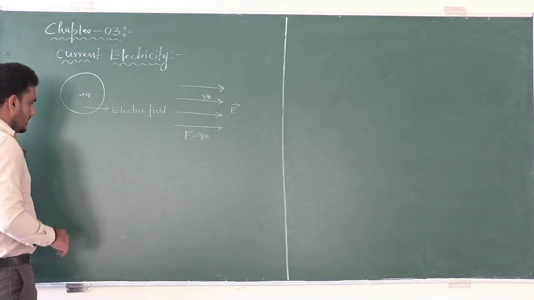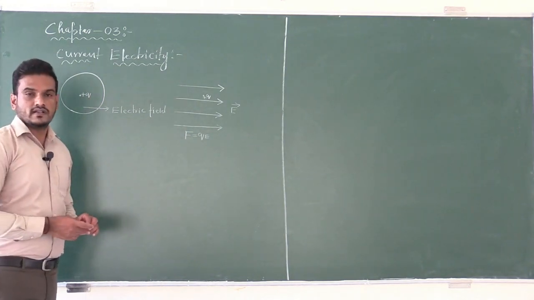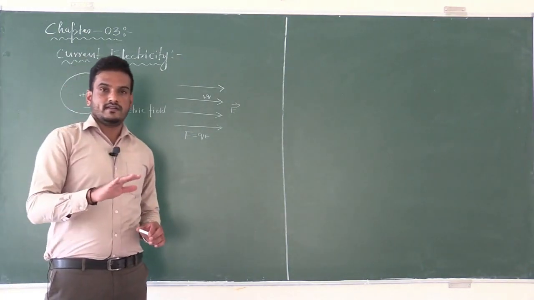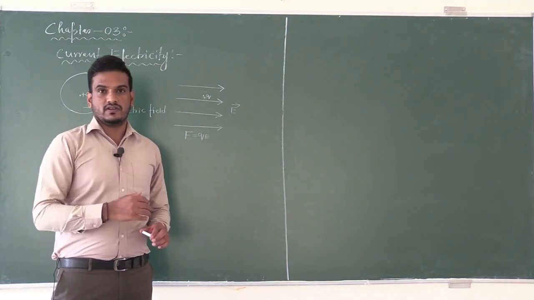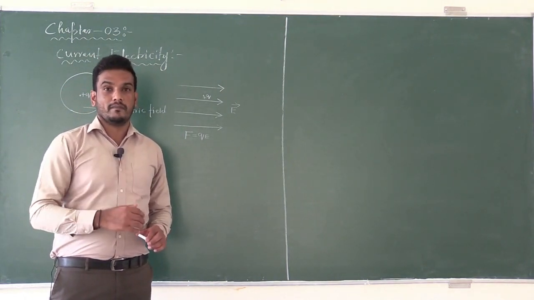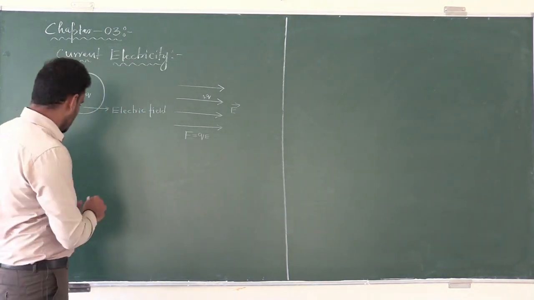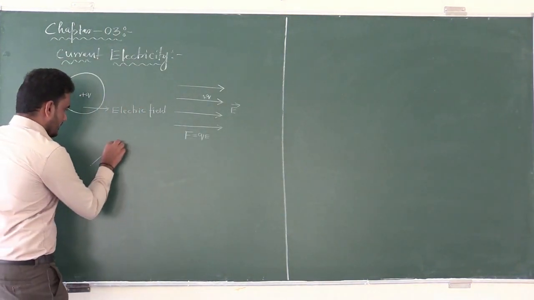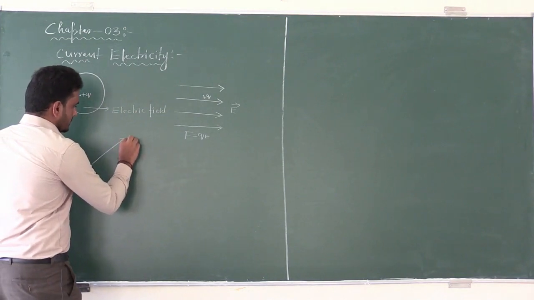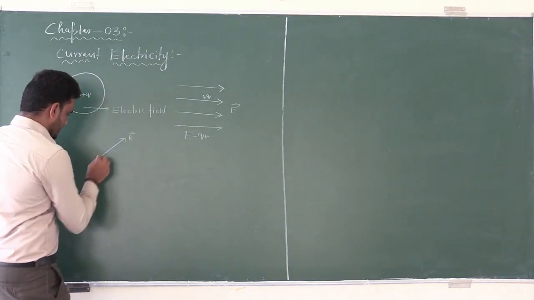One more thing: suppose we set a charge to move in a uniform magnetic field with a velocity v. Look at this. This is the magnetic field.